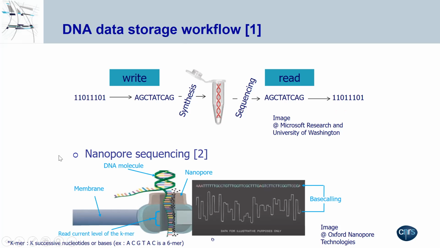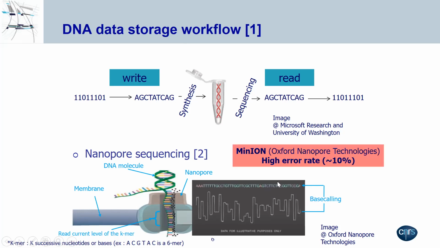In our case, we use a nanopore sequencer, where the DNA strand will go through the nanopore nucleotide by nucleotide, and a current signal will be generated for each group of K nucleotides called a k-mer, and this signal is finally converted into bases A, C, G, and T through a base calling process.